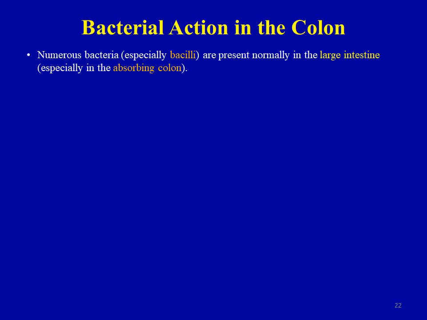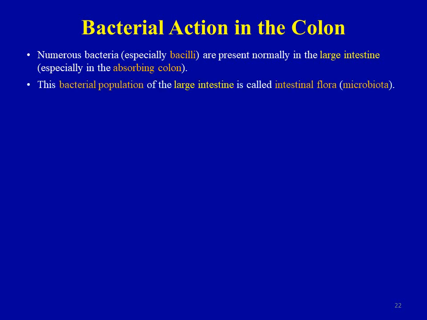Numerous bacteria, especially bacilli, are present normally in the large intestine, especially the absorbing colon, so the proximal half. This bacterial population of the large intestine is called the intestinal flora, the colonic bacteria, or the gut microbiota. So all have the same meaning.